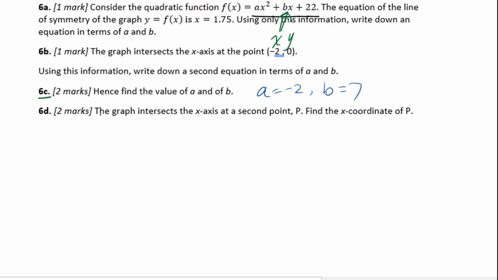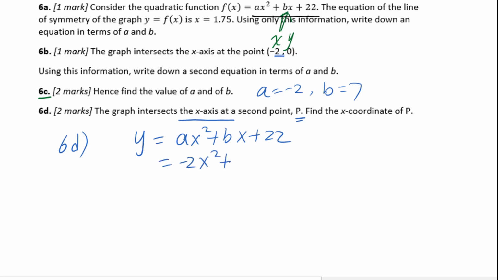Let's go to 6d. The graph intersects the x-axis at a second point P. Find the x-coordinate of P. We already got the function y equals ax squared plus bx plus 22, that is negative 2x squared plus 7x plus 22.